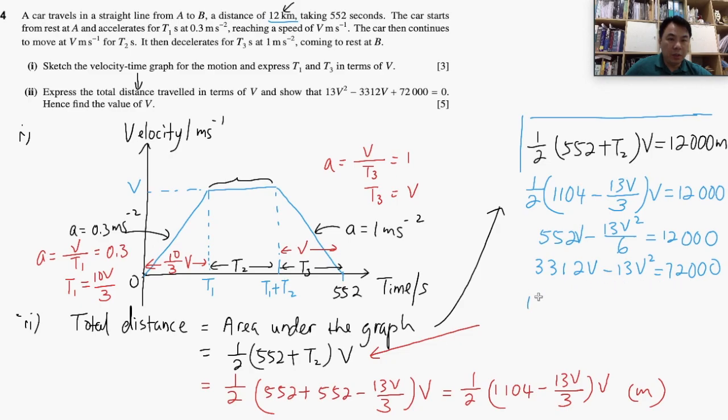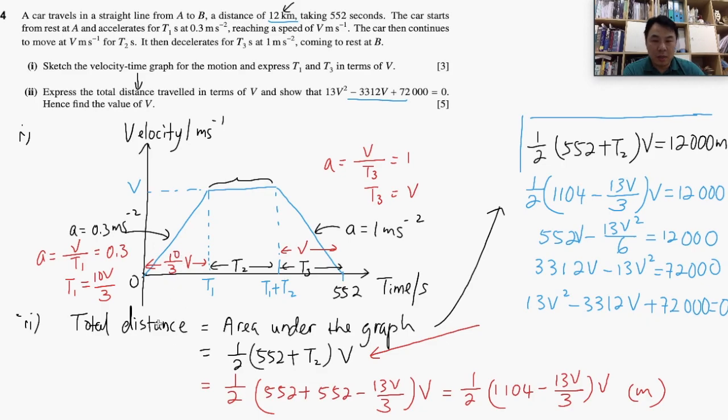Then rearranging, we have 13v squared minus 3312v plus 72,000 equal to 0. And then therefore, yes, we have managed to prove that it satisfies this quadratic equation, and hence find the value for v in this case. So all you need to do is just solve this quadratic equation.